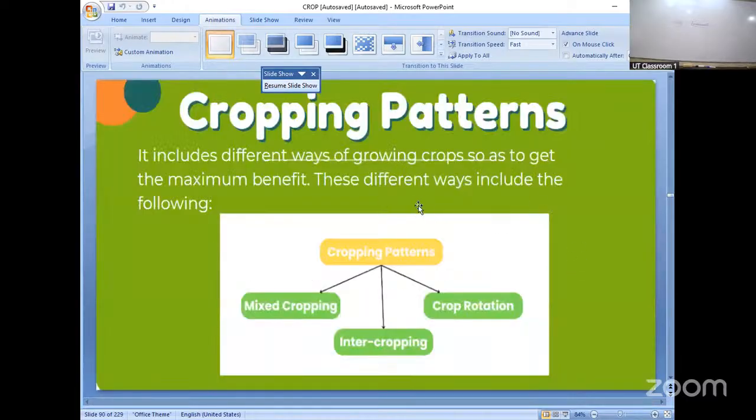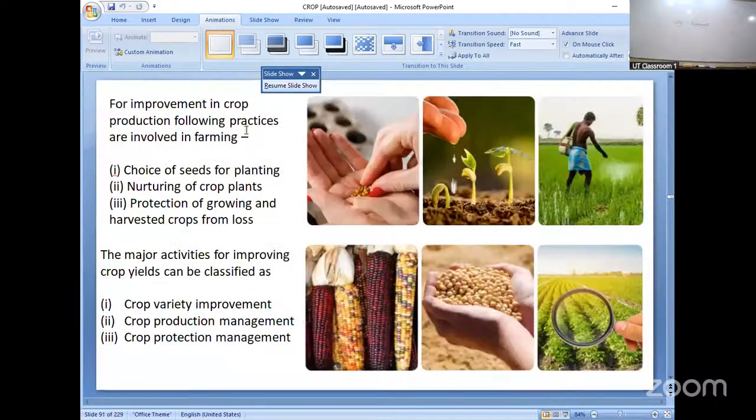And there are various cropping patterns like mixed cropping, intercropping, and crop rotation. And for the improvement of the crop, farmers follow various practices like the choice of the seed.